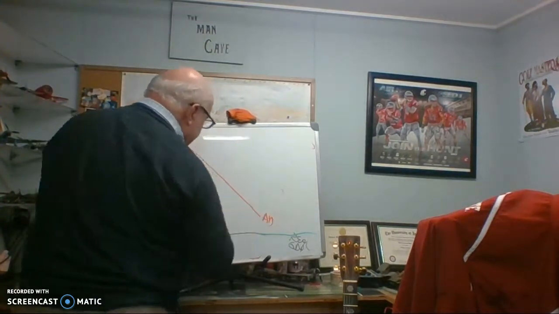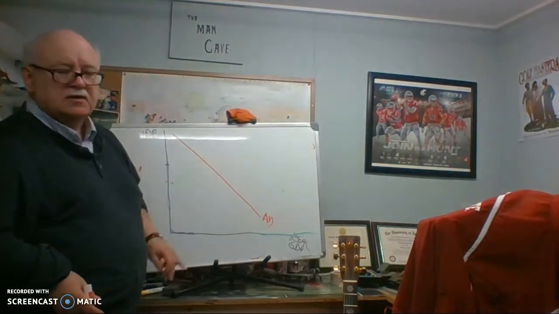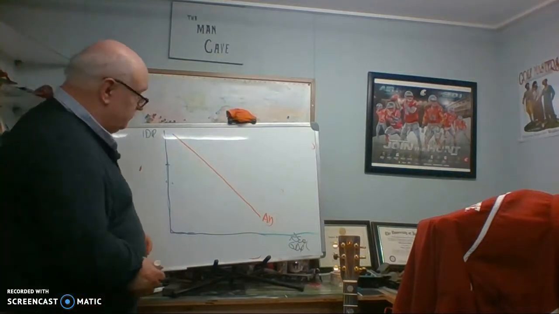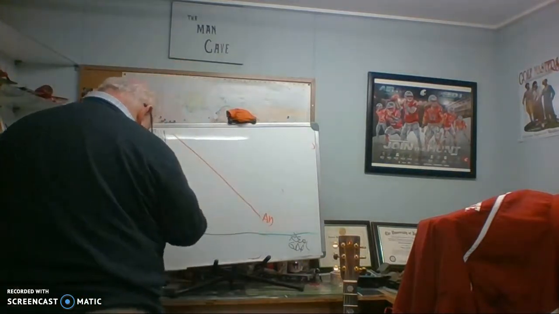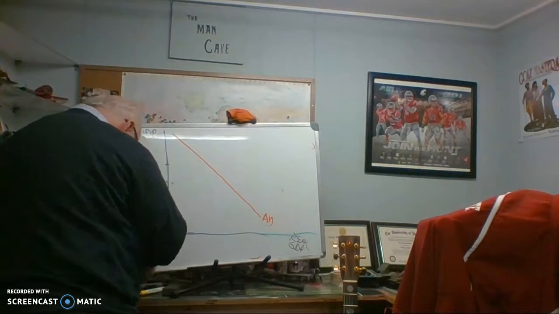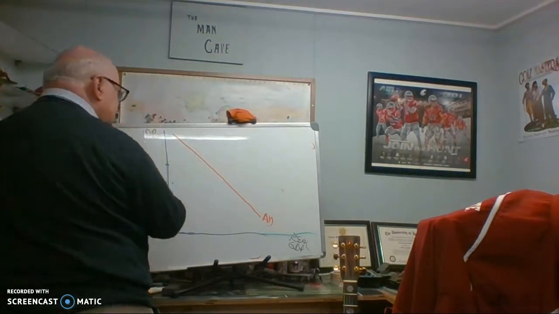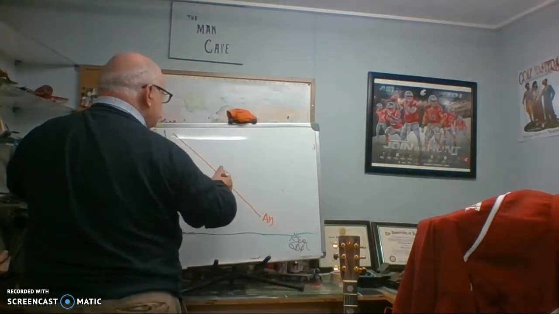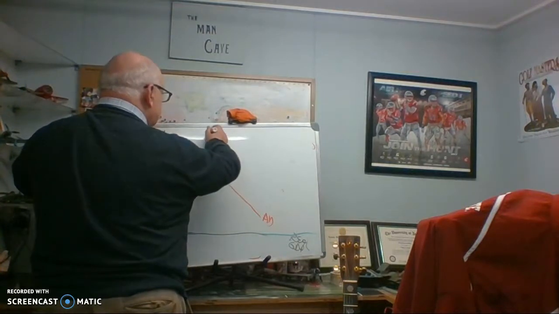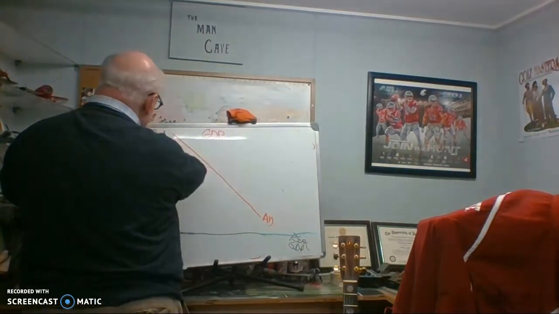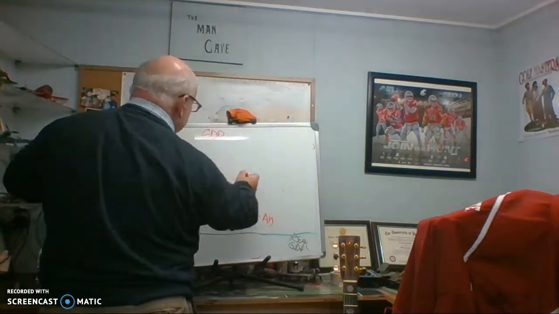I'll put aggregate demand in black. Now, you know what they say, black is the new orange. So aggregate demand looks like that, of course. And the components of aggregate demand, like we've said numerous times before, aggregate demand is a relationship between the price level and real GDP.